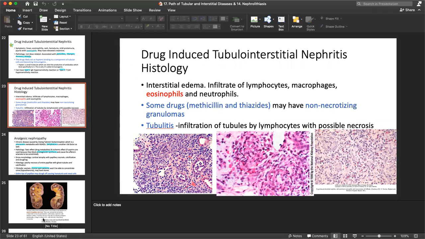Drug-induced tubulointerstitial nephritis is going to have eosinophils, and then some drugs may have non-necrotizing granulomas, and then tubulitis is going to be that infiltration of the tubules by lymphocytes. And we can kind of see that here.